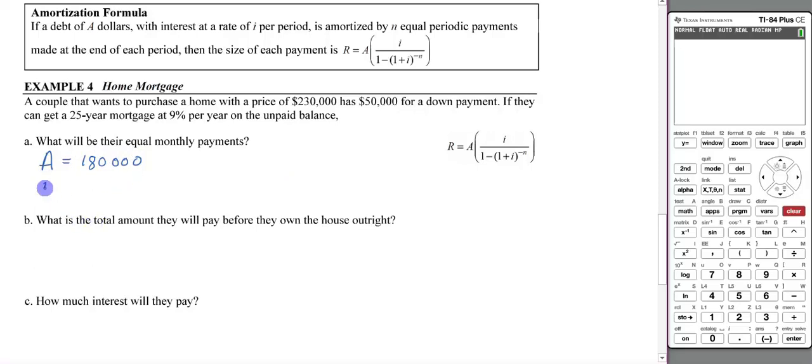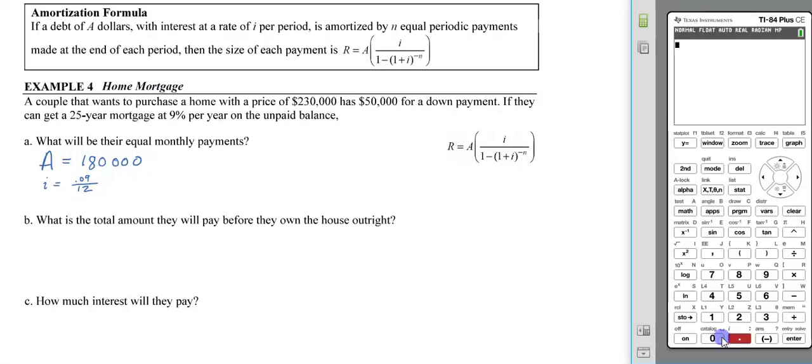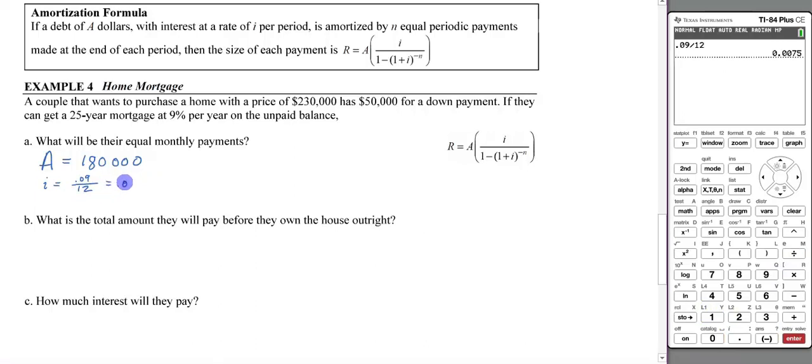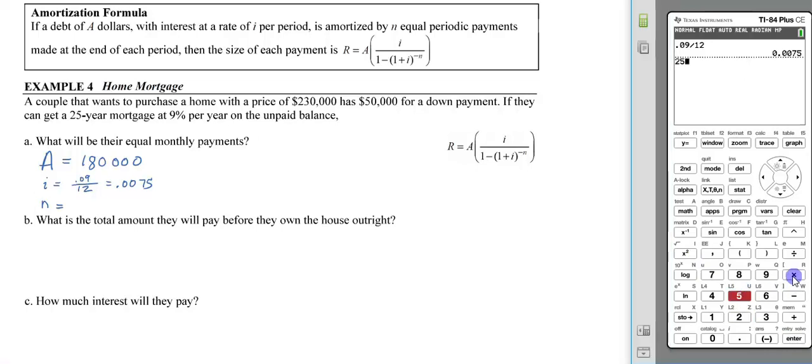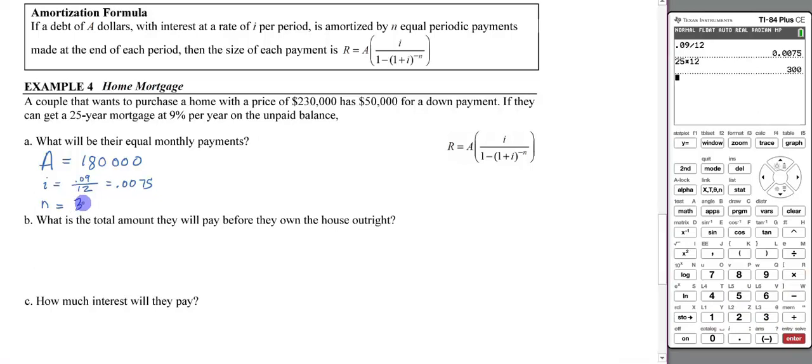I is the interest rate per period, so that's 0.09 over 12. So we can put this into the calculator if we want, and that gives us 0.0075, and N is the number of equal payments. So we'll have 25 years of monthly payments. That again is going to give us 300 payments.